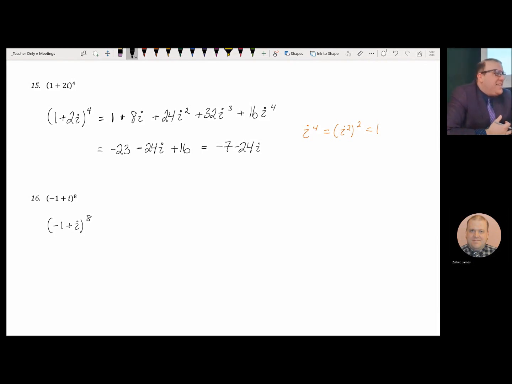Negative 1 plus i raised to the 8th power. I mean, I was going to be nice, but since someone just pulled out Nutter Butters in front of me and didn't offer me one, now I'm going to make him do this using the binomial theorem.